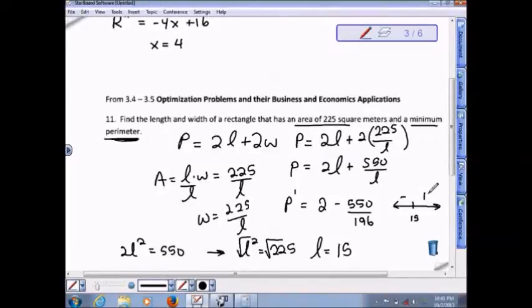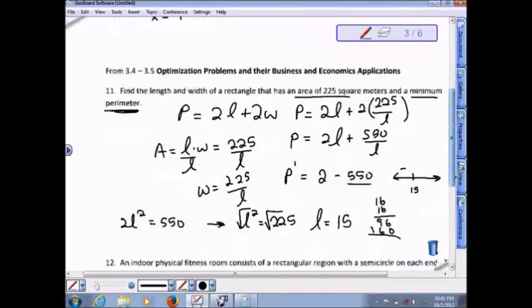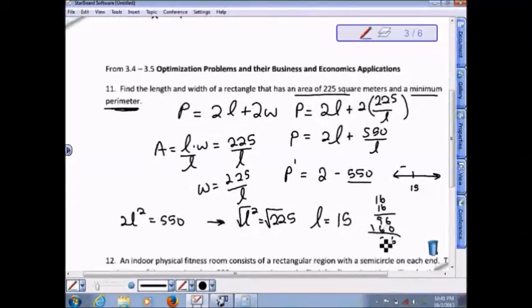So 16 squared, let's see, 16 times 16, looks like that's going to be 256.